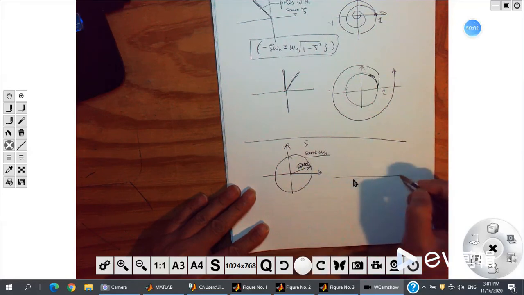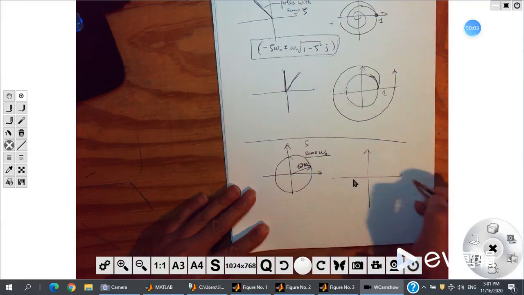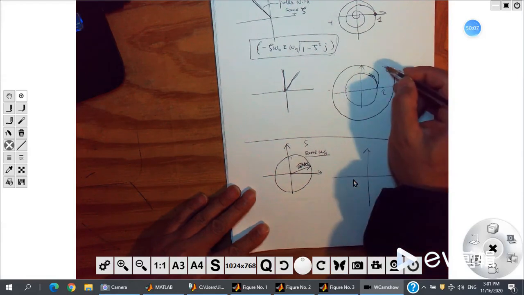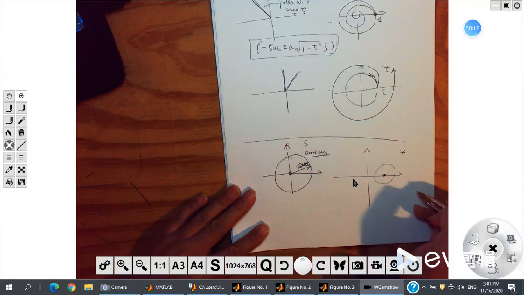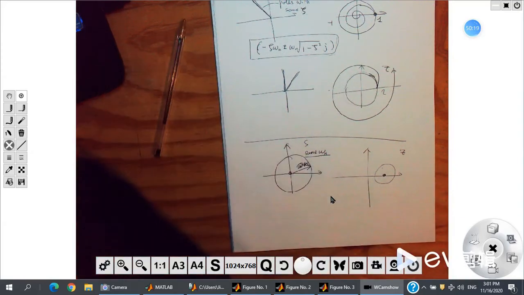Then go to the z domain. This one goes to this one, then a circle around it. It will be something like this, right? Now we can have a look.